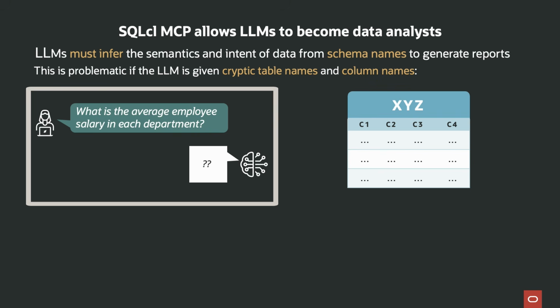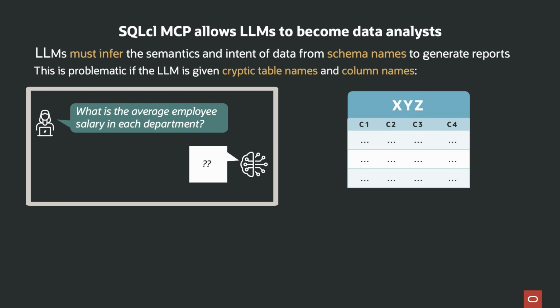Now, there is an interesting sort of caveat to this. Enabling this essentially allows LLMs to become, for want of a better word, like a human data analyst, which is great, except that even human beings don't do really well without good documentation, clear explanations for what they have to analyze.